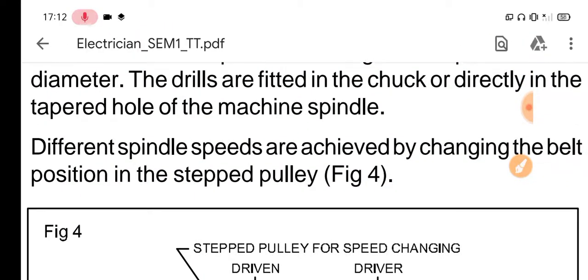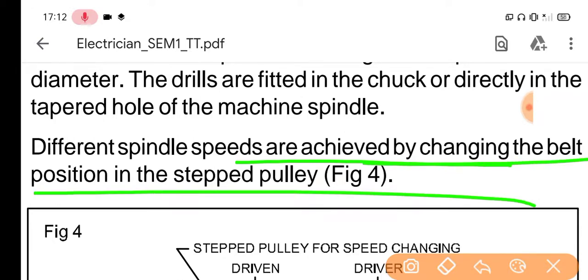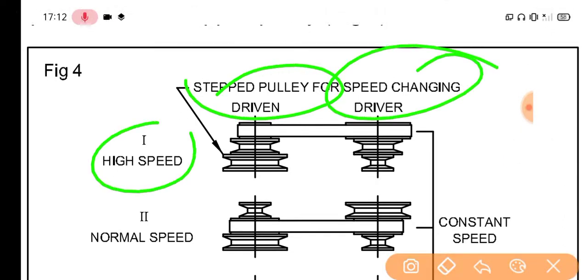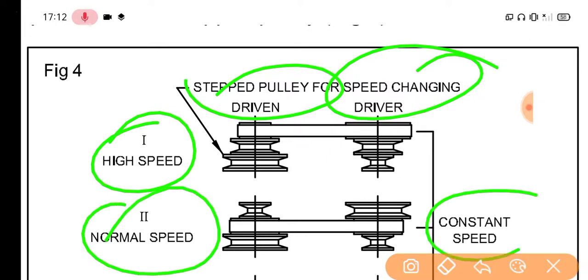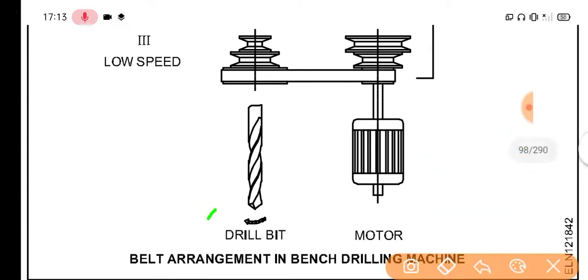Different spindle speeds are achieved by changing the belt position in the stepped pulley, and this is the speed changing driver and speed pulley for drive on high speed and normal speed, constant speed, and this is the very low speed, and this is the drill bit motor.